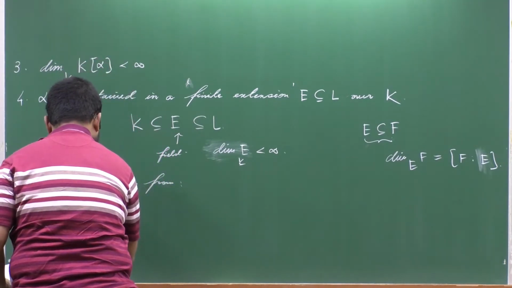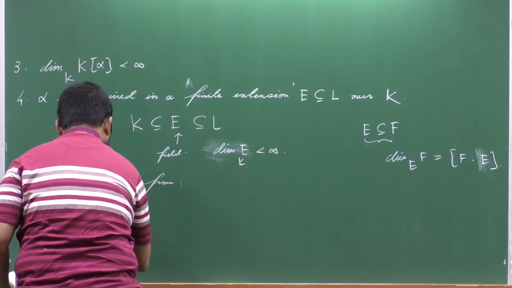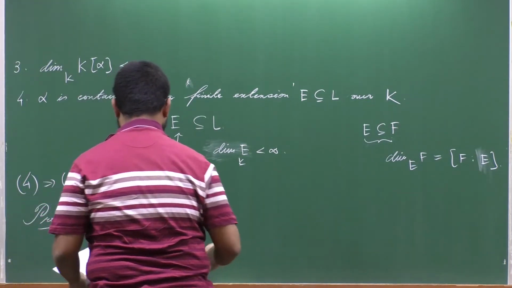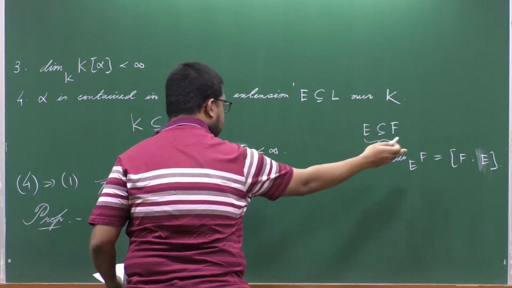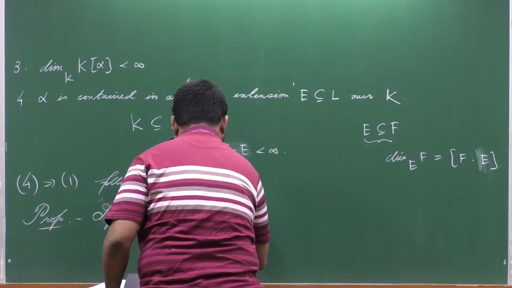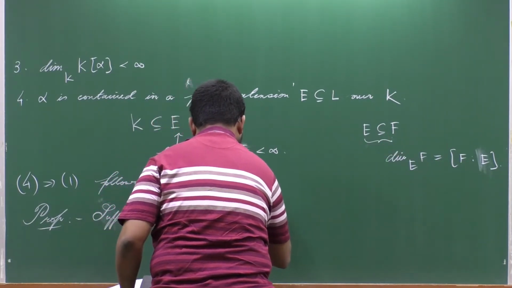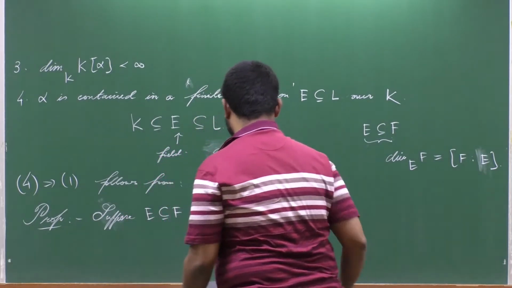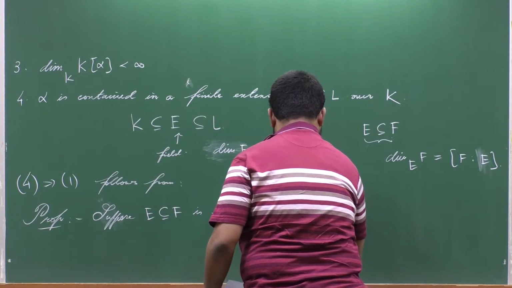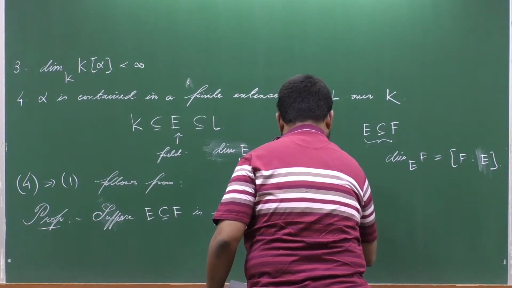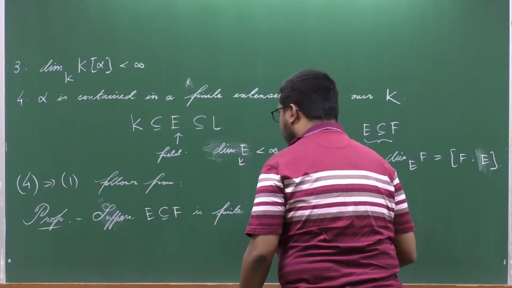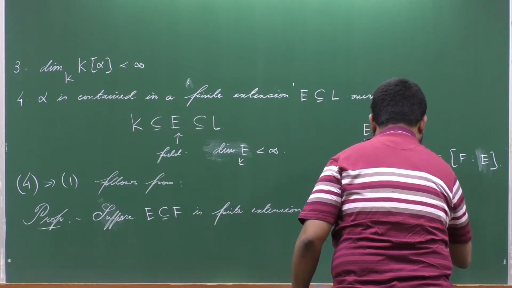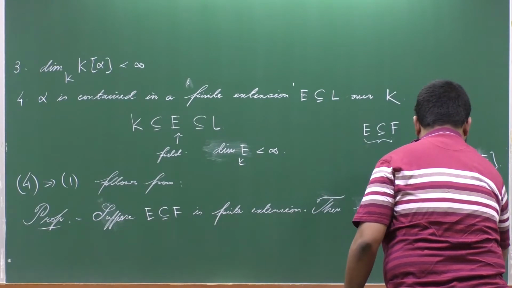Suppose we have an extension E over f which is a finite extension, that is, the degree is finite. Then every alpha in f is algebraic over E.